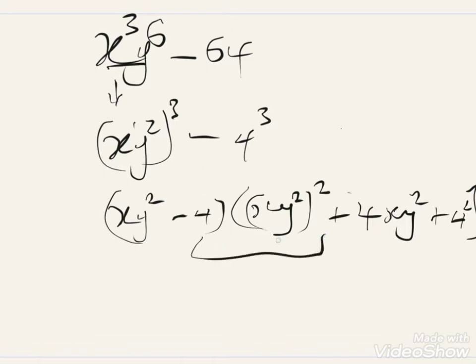This trinomial factor, or quadratic factor here, cannot be further factorized. The binomial factor here resembles a difference of squares, which could be further factorized, but because of this x here, the power there is 1, not 2.